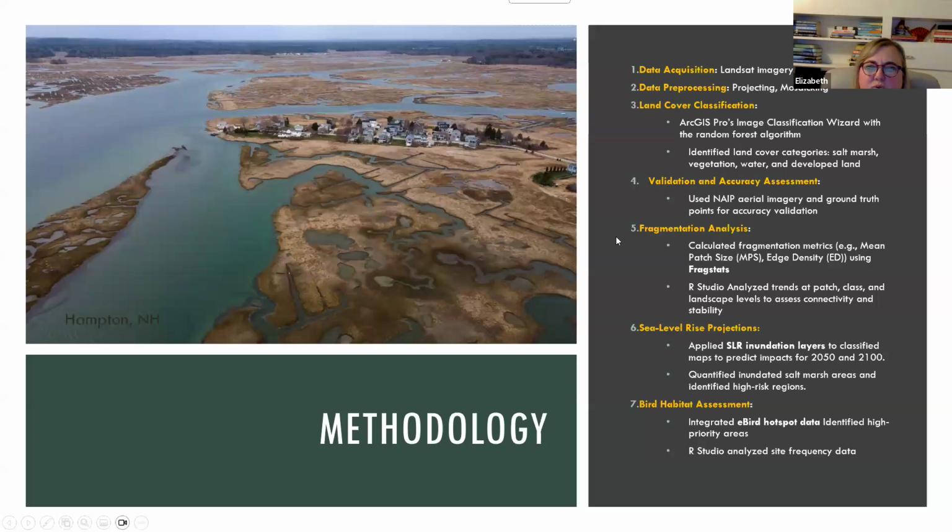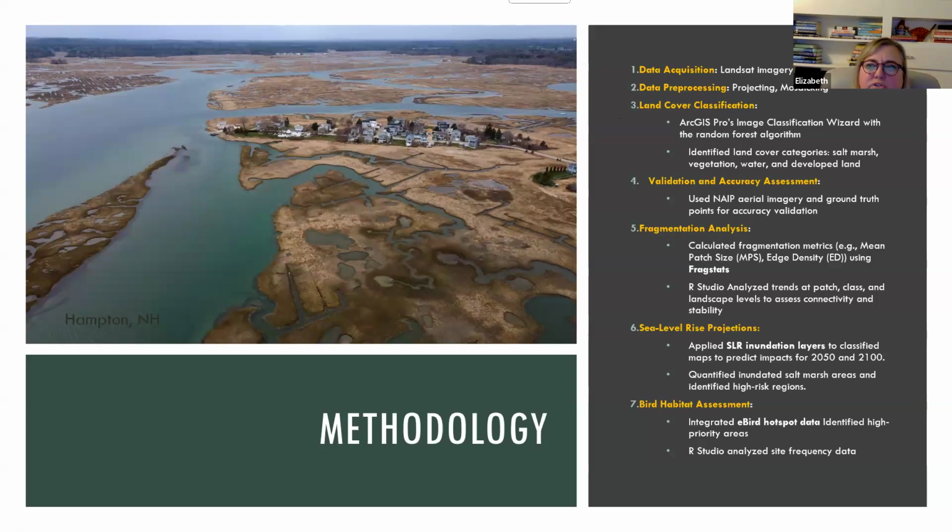Okay, so the methodology. I'm not going to go too deeply into this, but basically I had the categories in yellow, the data acquisition, then prepping it. That took me a while. I actually went back and forth with the years. After I found that study by Stevens et al. 2023, where they focus on 2021, I thought that would be pretty good to use that date.